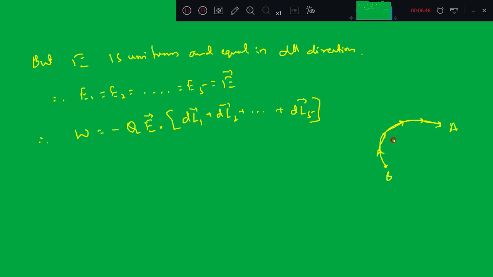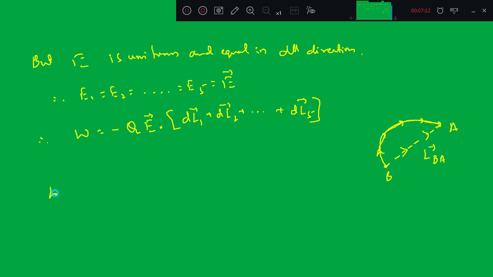We can also calculate in this way, or we can take the displacement from B to A by joining B to A like this. So this is the displacement from B to A. This length I will consider as L B to A. So the result is going to be the same.